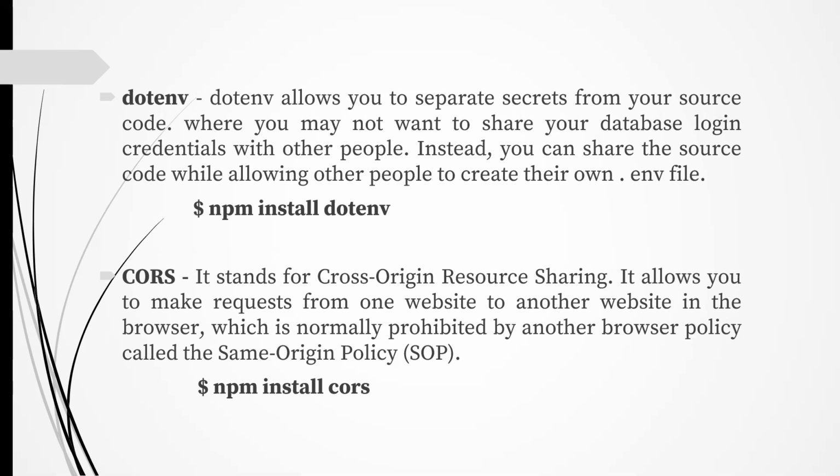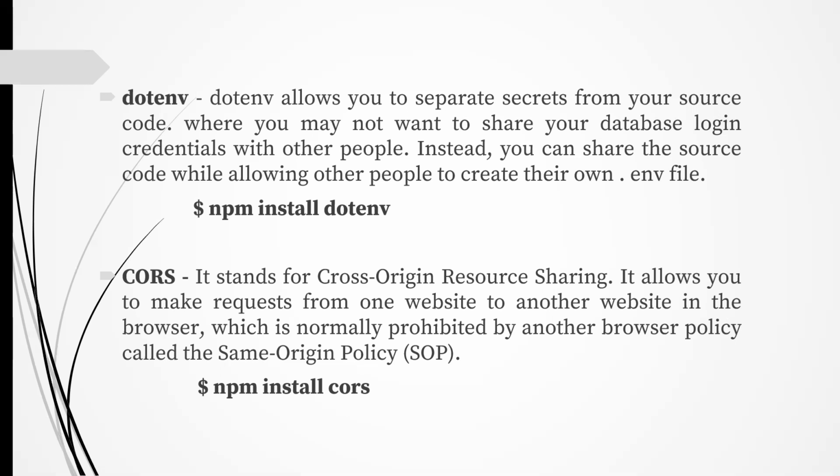Then .env. .env will help us keep secrets separate from our source code, where you may not want to share your database login credentials with other people. Instead, you can share your source code by allowing other people to create their own .env file. For that, we can use npm install dotenv.